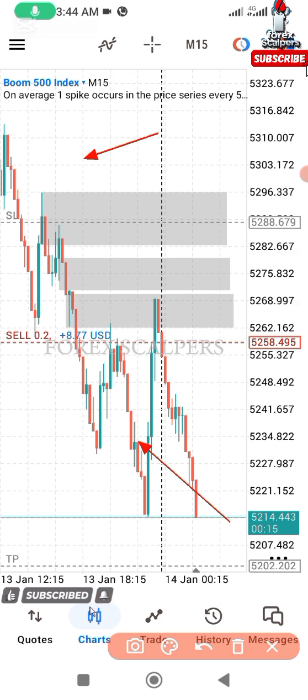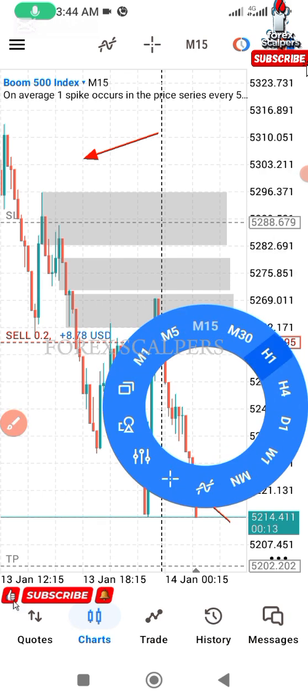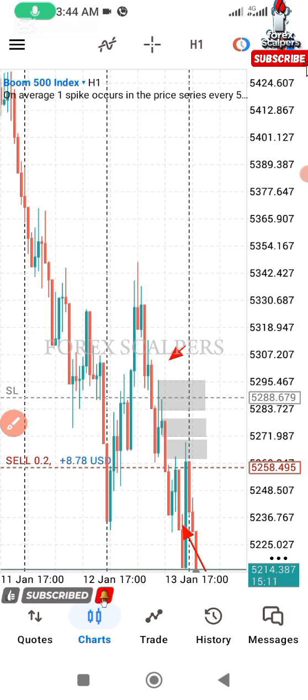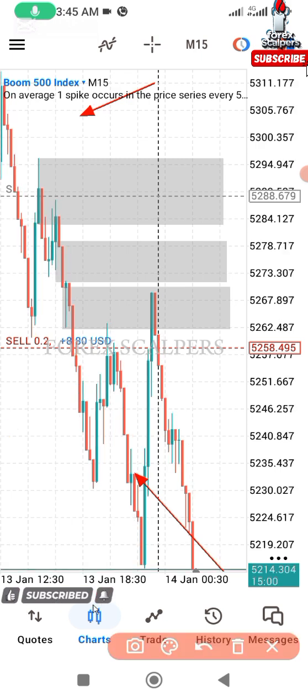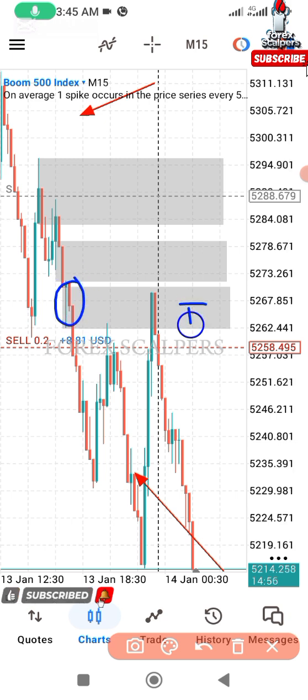However, this is not a break of structure because I am working with the 1 hour time frame. I determine my entry, my analysis, my trend on the 1 hour time frame. So I'm only here to make an entry. So price pulled back into this smart money cube. So you see that?